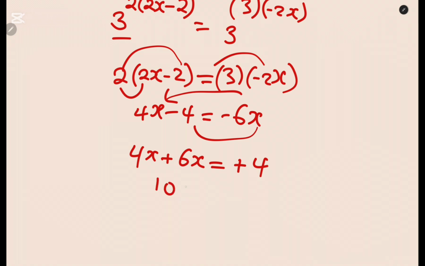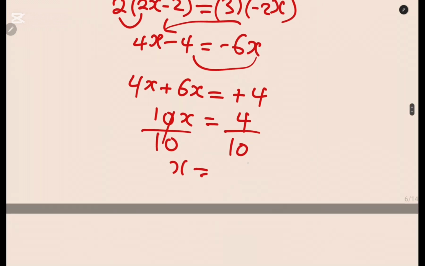So this is 10x equal to 4. Divide by 10, divide by 10. Therefore x is equal to 4 over 10, which in simplest form is 2 over 5: 2 into 4 is 2, 2 into 10 is 5. So the answer therefore is 2 over 5. I guess you've seen this one.